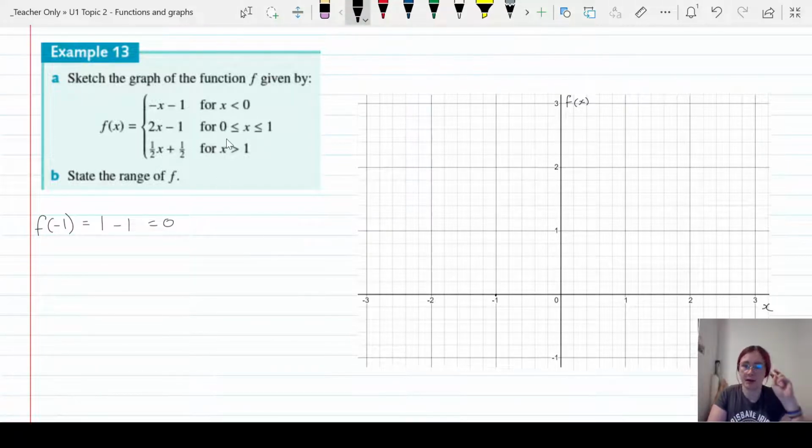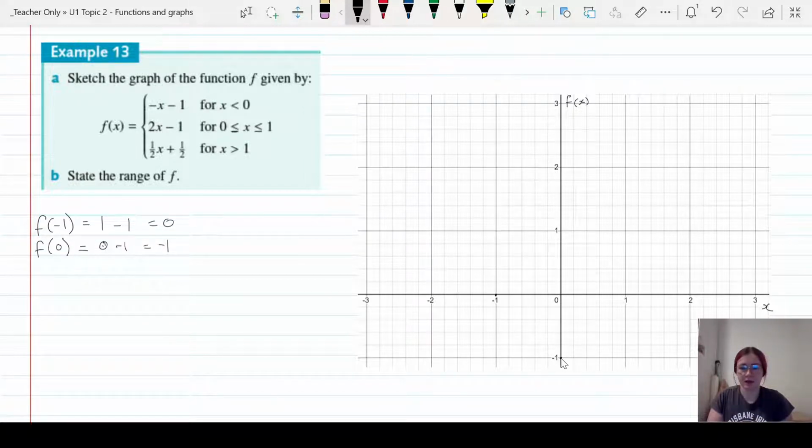And our endpoint, effectively, when x is less than 0, is going to be when x is 0. I realize it can only actually equal 0 in our middle equation, but pretend it can equal 0 for now. So negative 0, which is just 0, minus 1 is going to be negative 1.